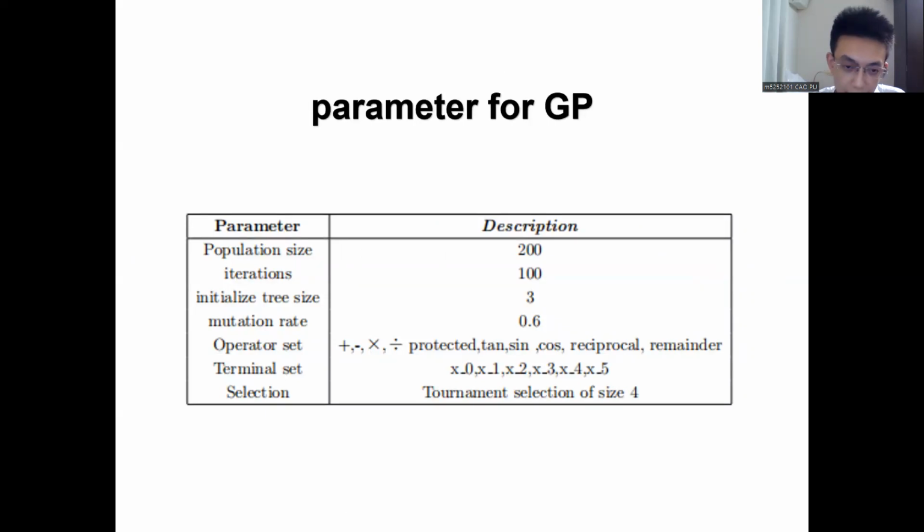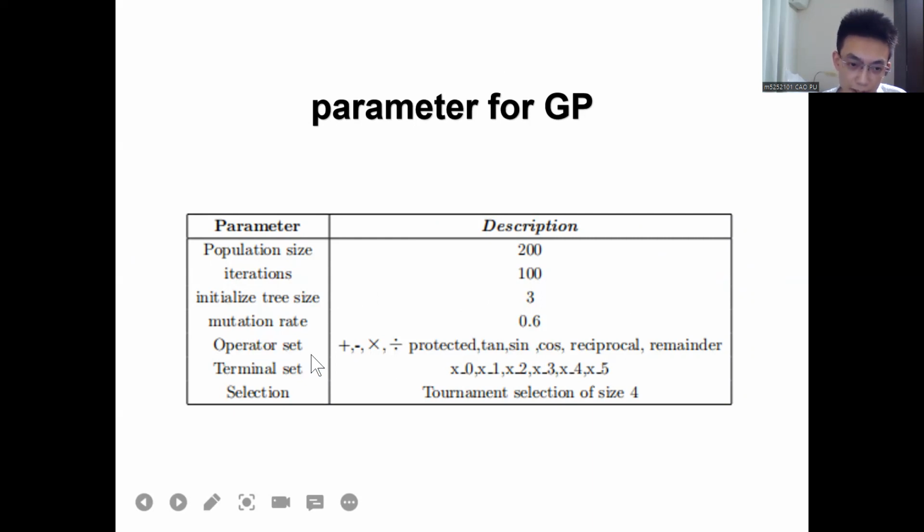So here is the default parameter setting for the genetic programming in this experiment. The population size is 200, the iteration is 100, the initial tree size is 3, and the mutation rate is 0.6.